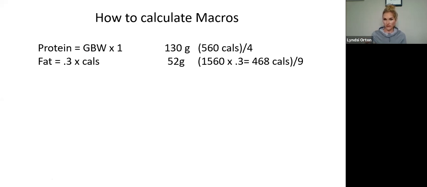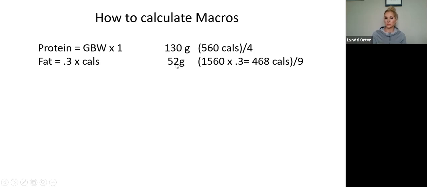coming from fat. And I don't think you can see, I think my face is covering it, and I apologize. But last video, we learned that there were 9 calories per gram of fat. So we know that there's going to be 468 calories worth of fat. Divide that by 9, and that gives you the 52.